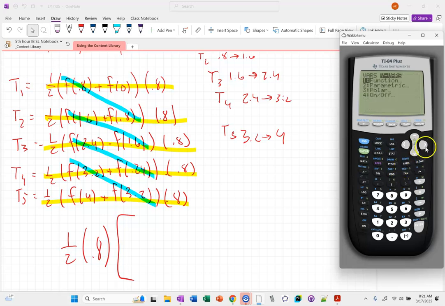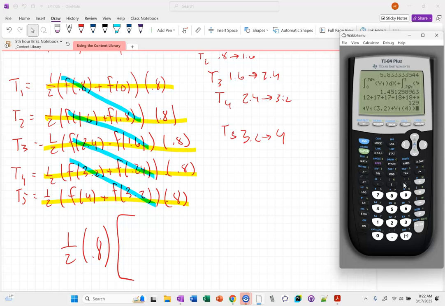So when I type this into my calculator, I'll do 1/2 times 0.8 times the quantity y1 of 0, plus 2 times y1 of 0.8, plus 2 times y1 of 1.6, plus 2 times y1 of 2.4, plus 2 times y1 of 3.2, plus y1 of 4.